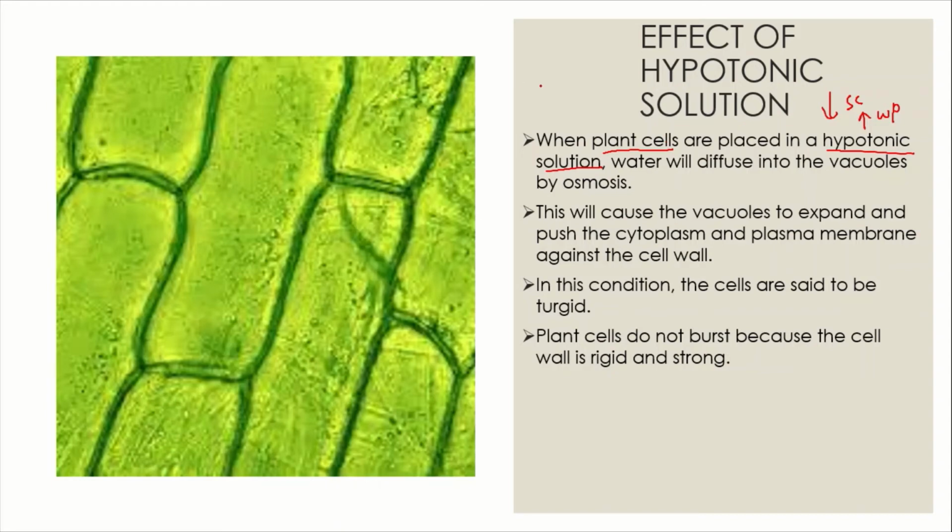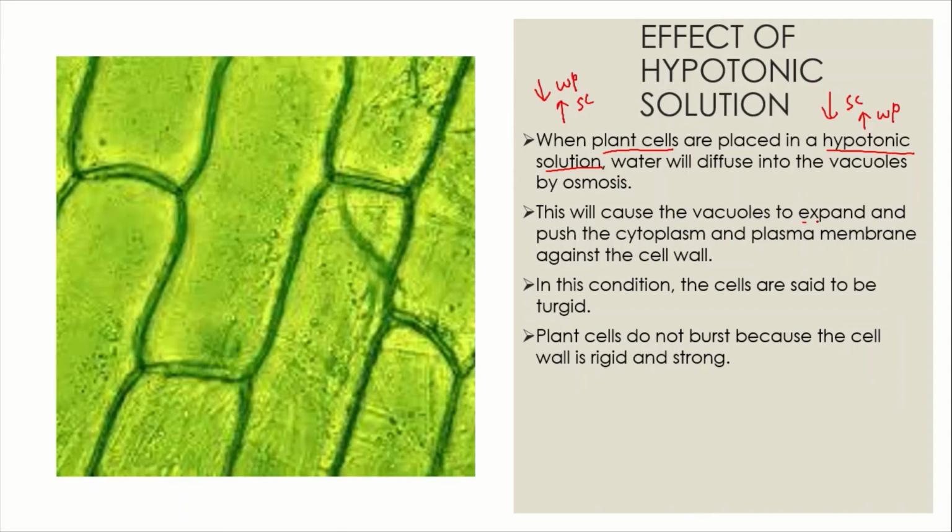So, water will diffuse into the vacuoles by osmosis. This will cause the vacuoles to expand and push the cytoplasm and plasma membrane against the cell wall.